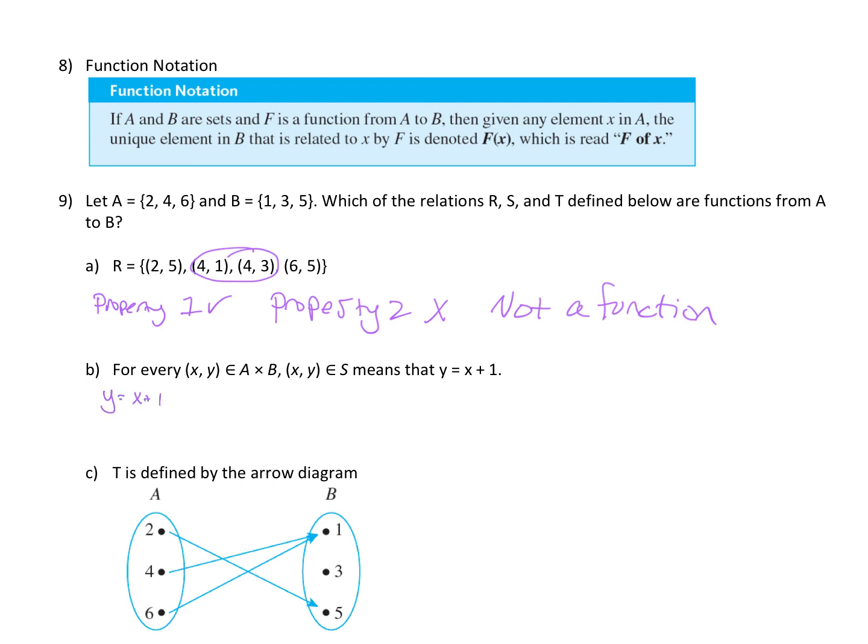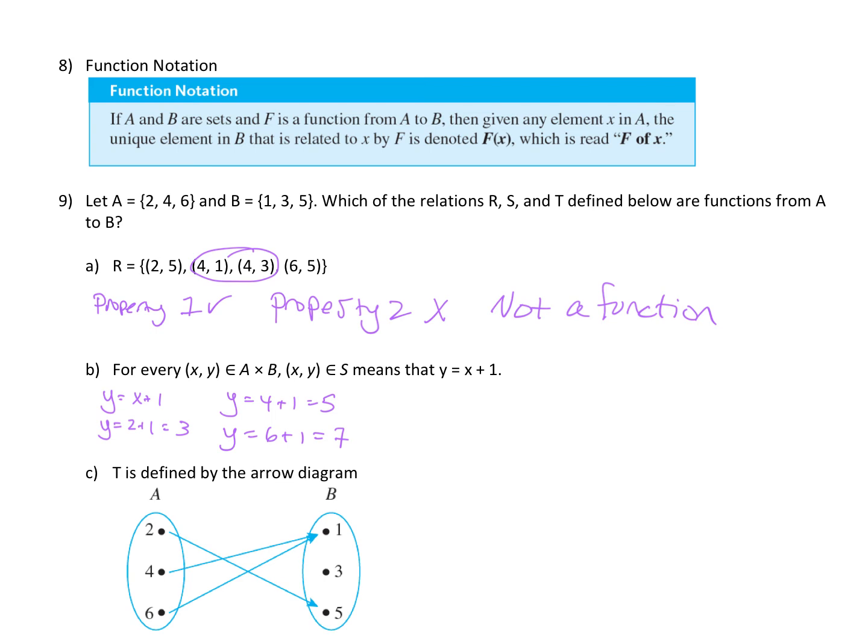If I plug in the x's from A, then I get y equals 2 plus 1, which is 3. y equals 4 plus 1, which is 5. And y equals 6 plus 1, which is 7.